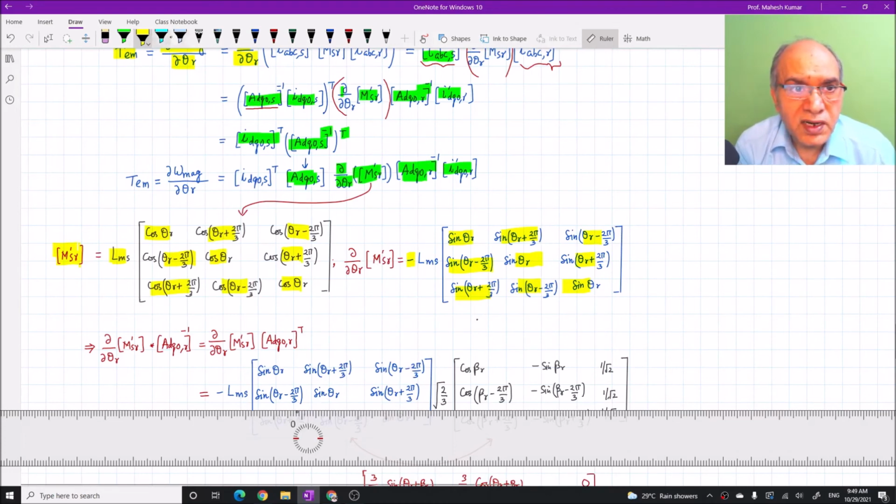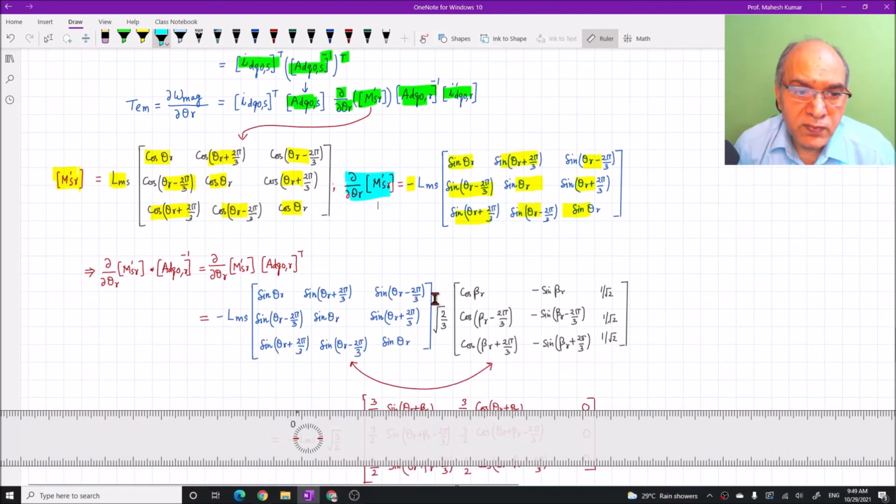So this is nothing but the derivative of MS R dash. Then it has to be multiplied by ADQ0 R inverse, this side matrix here. So we multiply this inverse. As we know, the inverse of ADQ0 R is the same as the transpose.